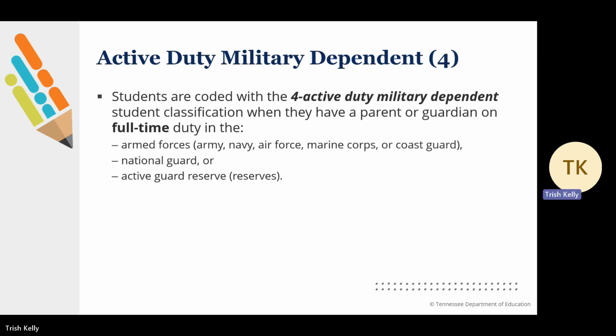We'll begin with active duty military dependent 4. Students are coded with the 4 active duty military dependent student classification when they have a parent or guardian on full-time duty in the Armed Forces, National Guard, or Reserves, where Armed Forces includes Army, Navy, Air Force, Marine Corps, or Coast Guard.